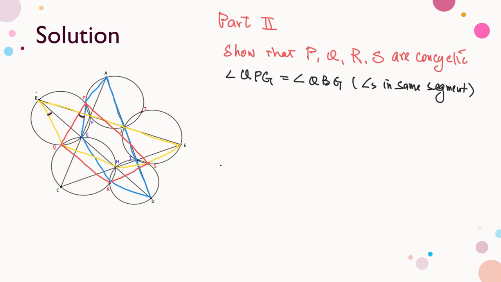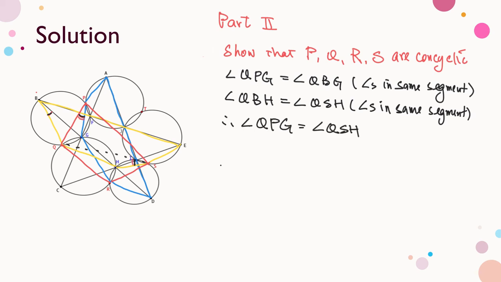The reason is angles in the same segment. Since B, Q, H, S, E are concyclic, the yellow one, angle QBG, or angle QBH, equals angle QSH. They are angles in the same segment. Combining the results, we have angle QPG equals angle QSH.